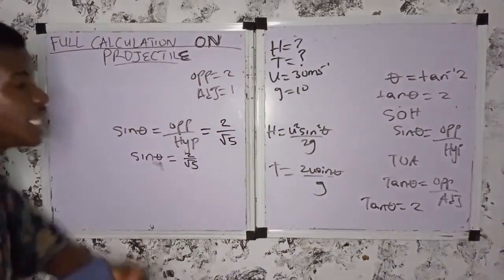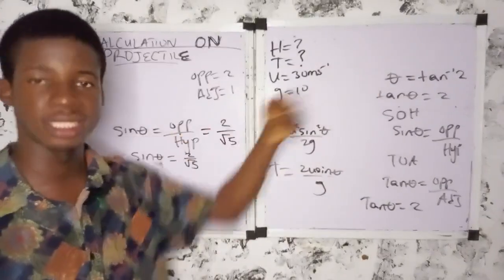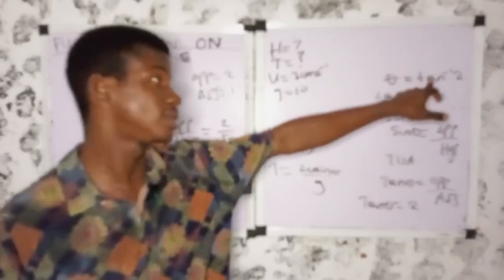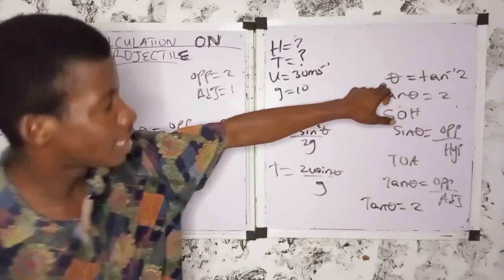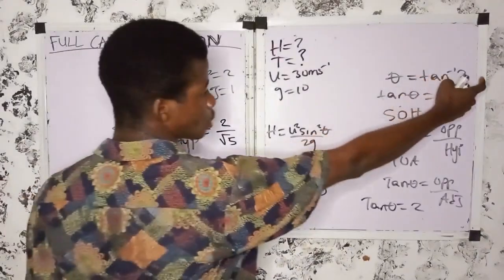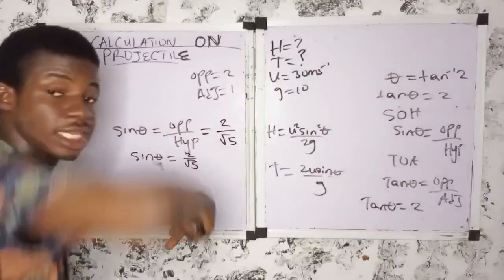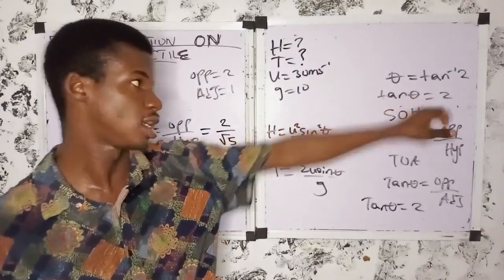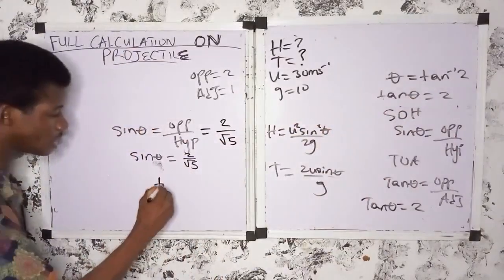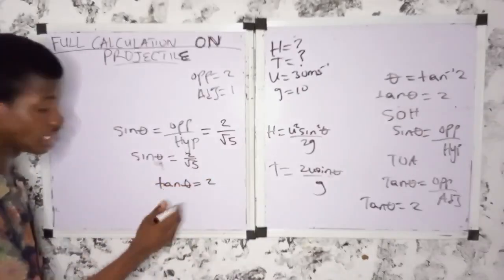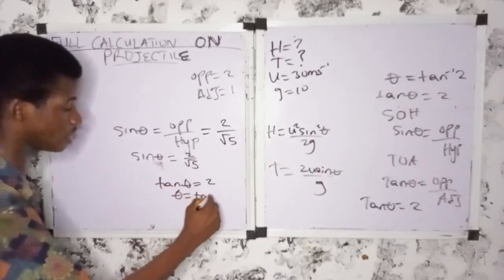Now, in the question, they gave us the angle, which is theta, to be inverse tan 2. If you convert this inverse tan 2 back, we have tan theta is equal to 2, right? Normally, if tan theta equals 2, and you want to make theta stand alone, we take the inverse tan.